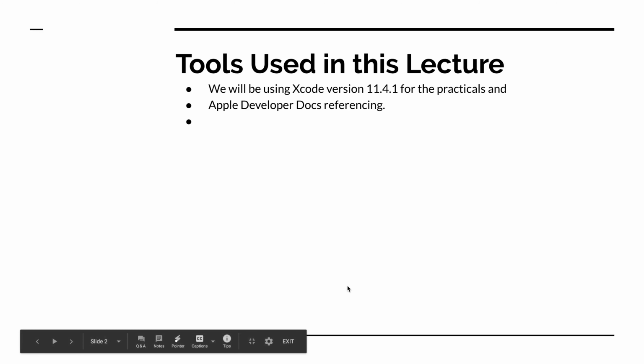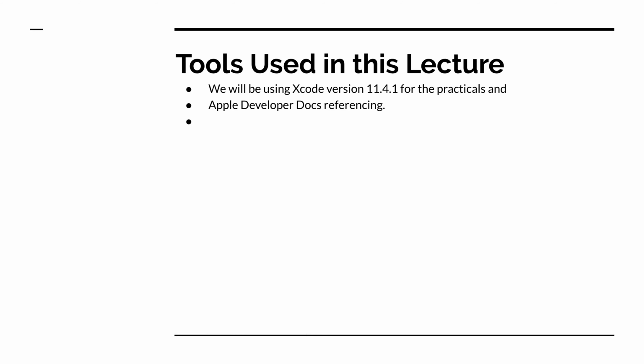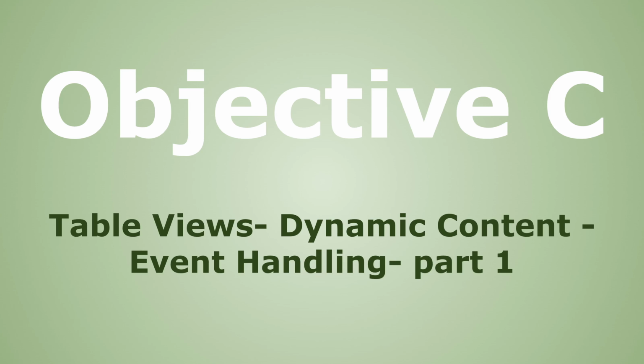We'll be using Xcode version 11.4.1 for the practicals and Apple developer docs for referencing, and the lesson is event handling. So we have done a few lessons on table views, static content and dynamic content, and dynamic content using table view controllers and table views.